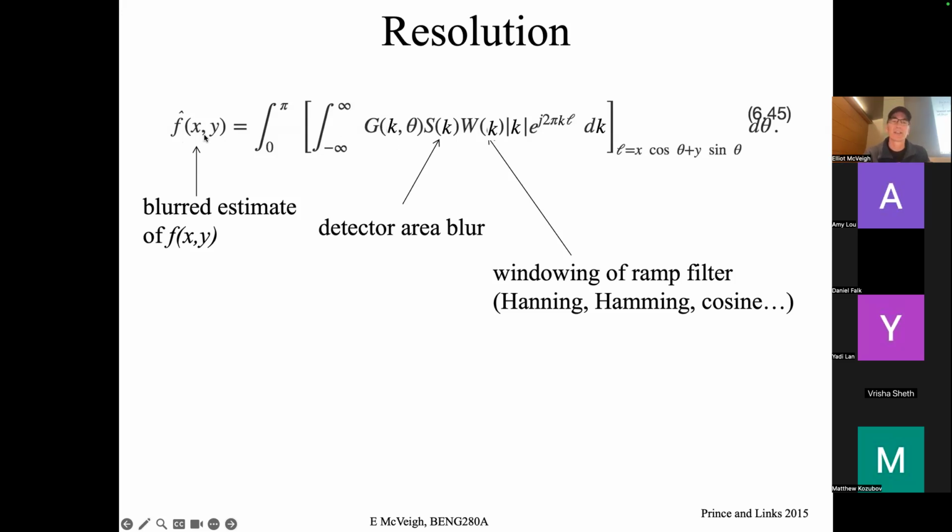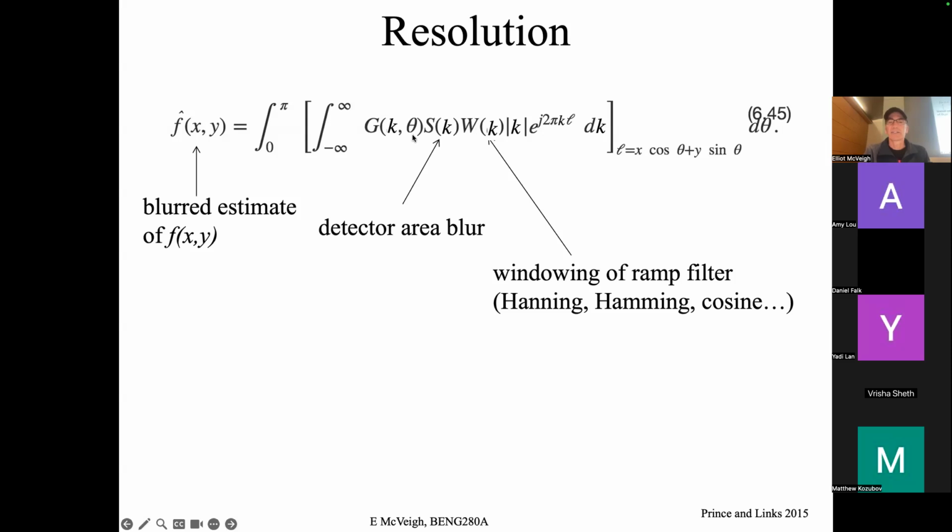So this is our true object, the underlying true object that is providing the attenuation of the X-rays. This is our estimate of that true object. It's not going to be exactly the same because we have undersampling. We've got a whole bunch of things going on. And this is the arithmetic that gives us the convolution back projection.